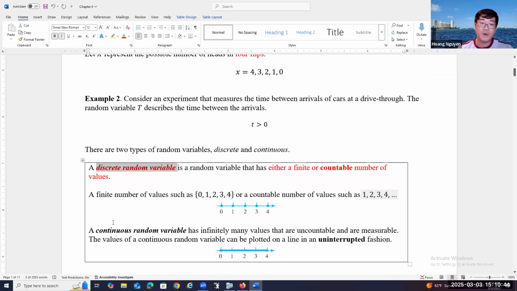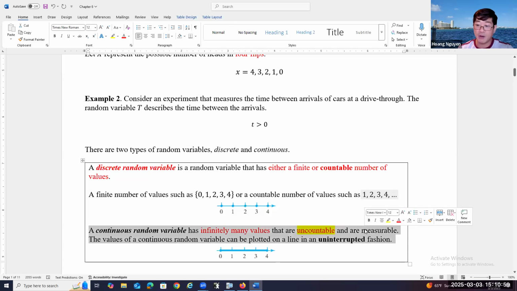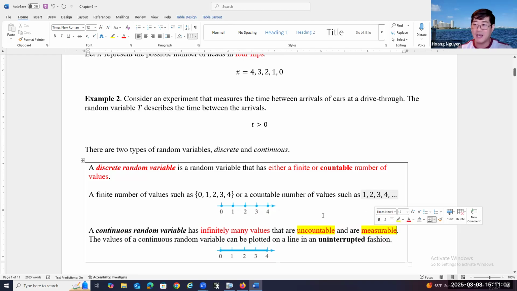Now, on the other hand, we have continuous random variables. A continuous random variable has infinitely many values that are uncountable and measurable. If you remember the definition from chapter 1, most of the time a variable that comes from a measurement is going to be continuous.